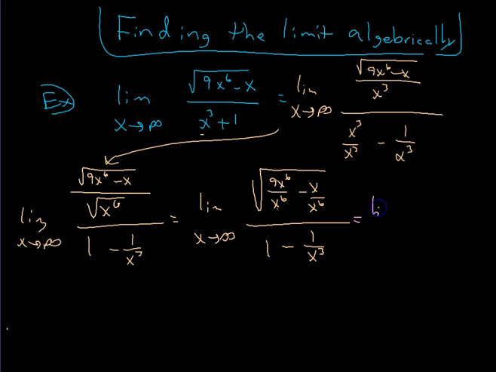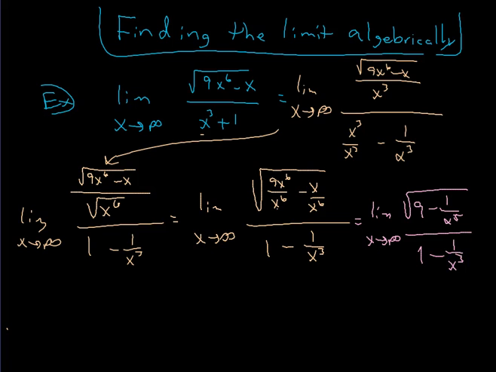So it's now the limit as x approaches infinity of the square root of 9 subtract 1 over x to the 5th, divided by 1 subtract 1 over x to the 3rd.